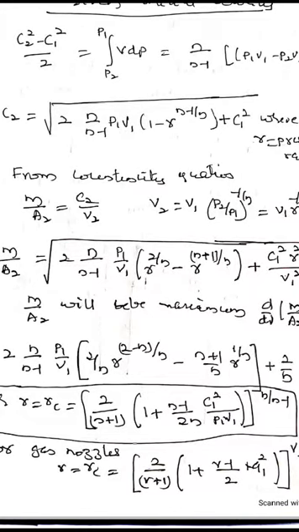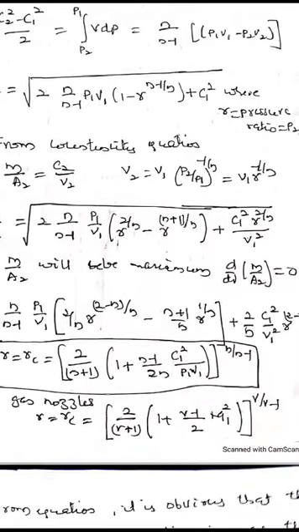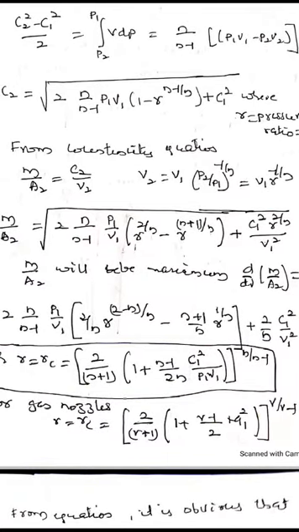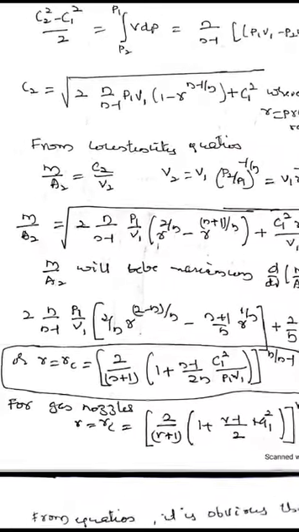Substituting the values of C2 and V2, we get m by a2 equal to root of [2n by (n minus 1) P1 by V1 into bracket (r raised to 2 by n minus r raised to (n plus 1) by n) plus C1 square r raised to 2 by n by V1 square], where r is P2 by P1. This is the expression for the mass flow rate considering the initial velocity of steam.